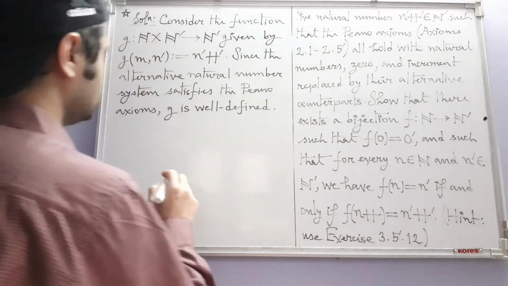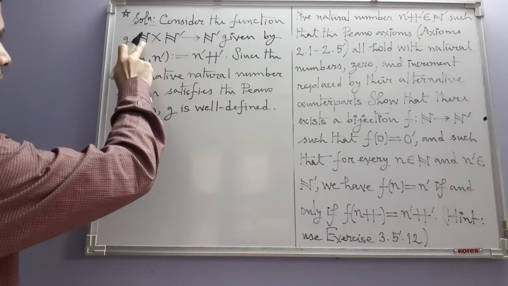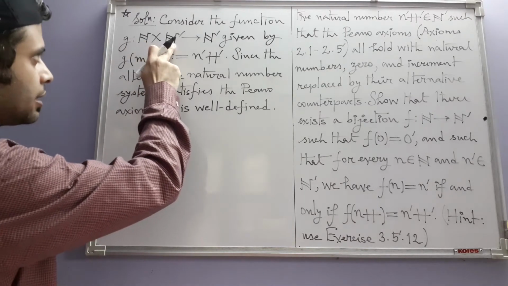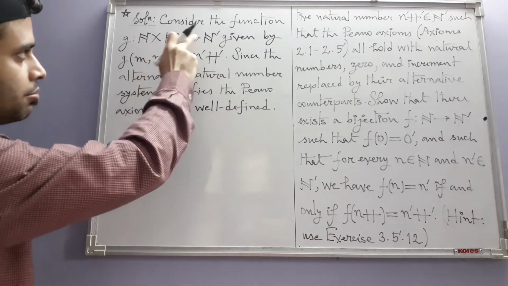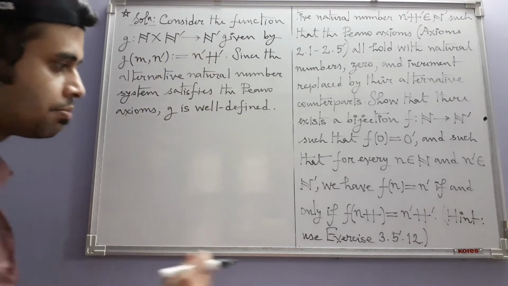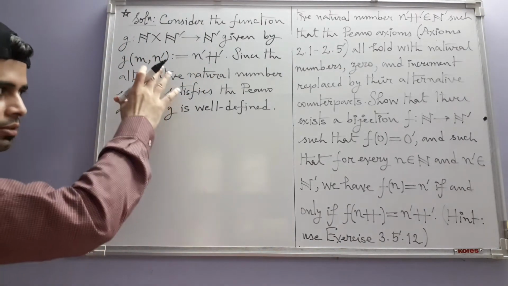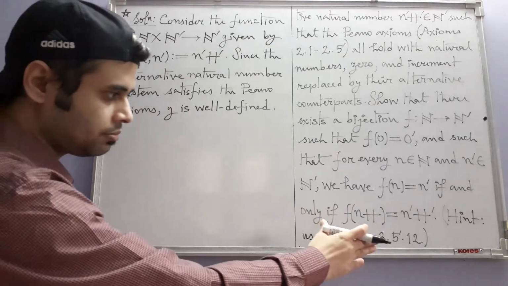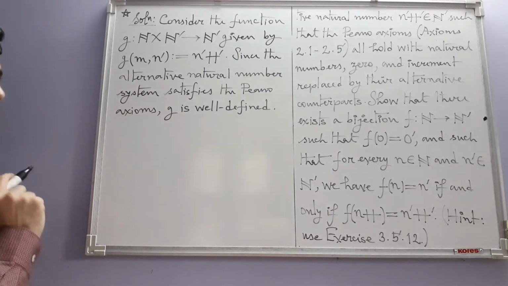Okay. So now look at the structure of g. g is a function of the type N cross a set A, where A is this set of alternative natural numbers, into the set A. So we are in a position to use the general version that we mentioned in the solution to the previous exercise, and that's what we are going to do.